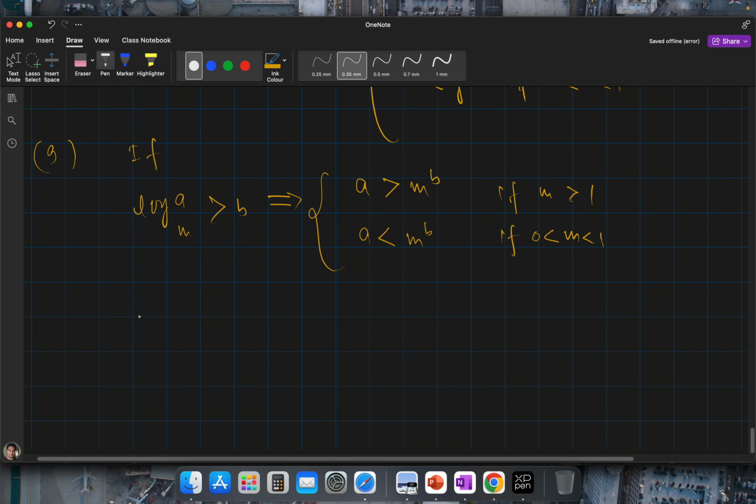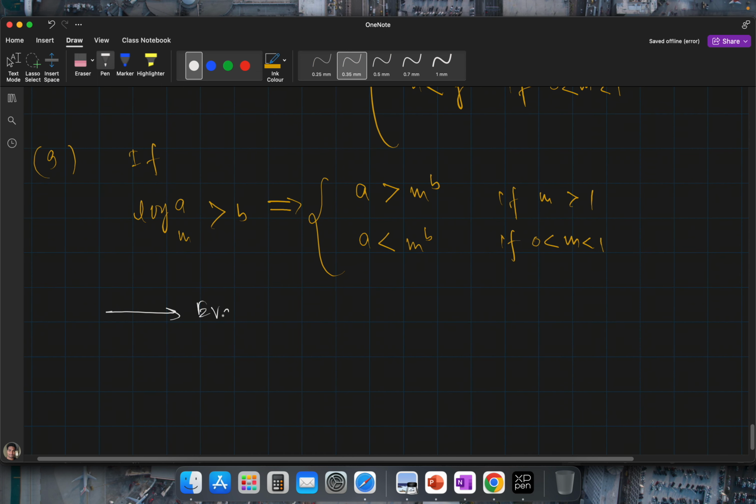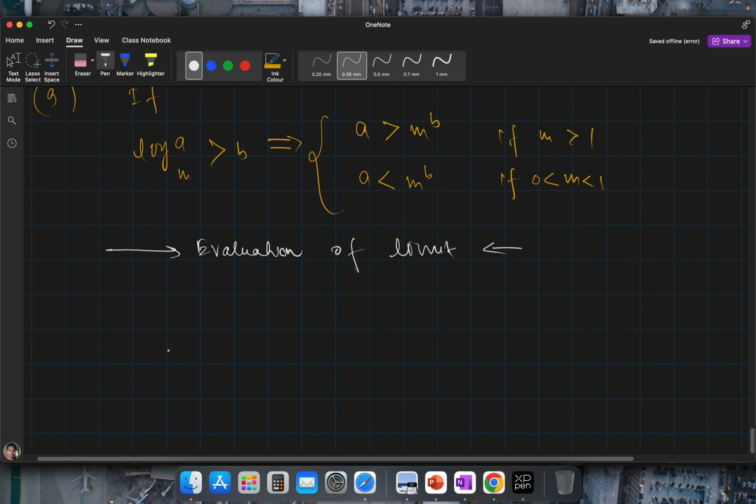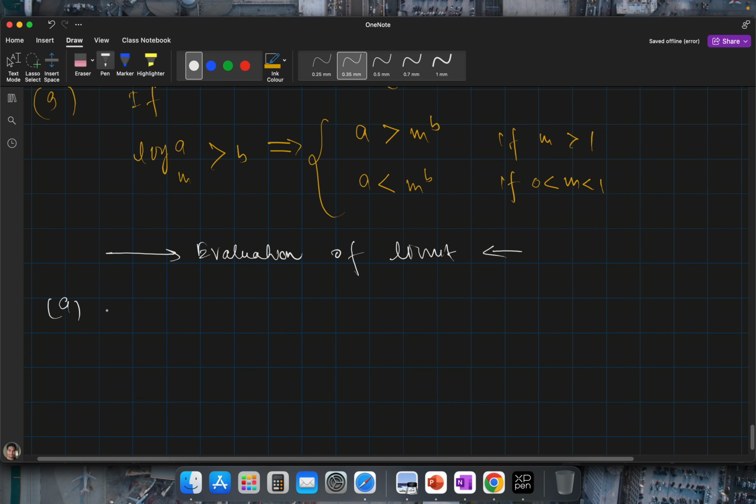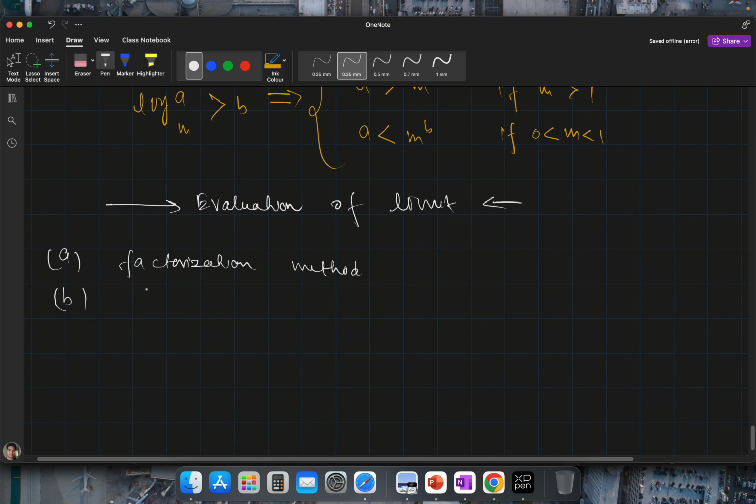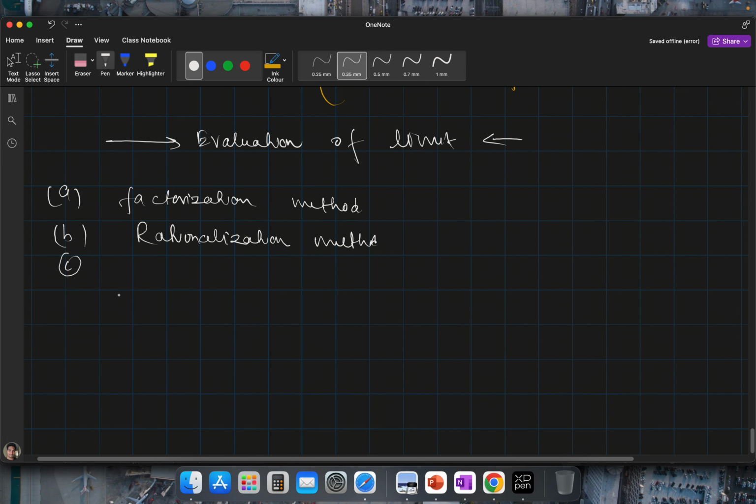So now let's move to the evaluation of limits. Last time we talked about continuity and the definition of limit. So we usually see this kind of limits and how we can solve them. That method is the factorization method. We usually see the rationalization method. Third, we will see standard formulas.